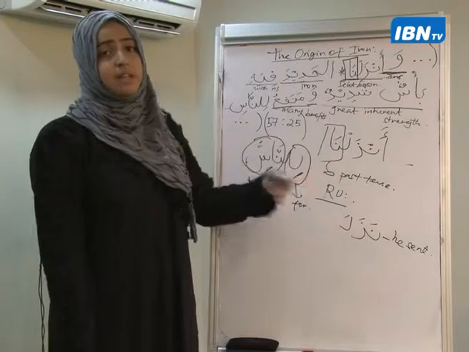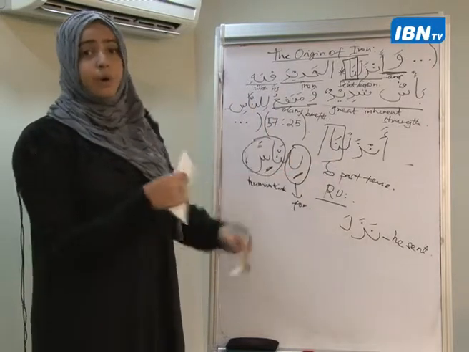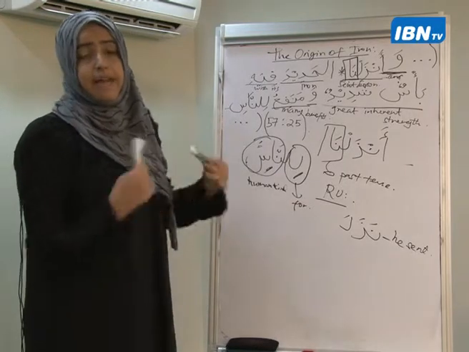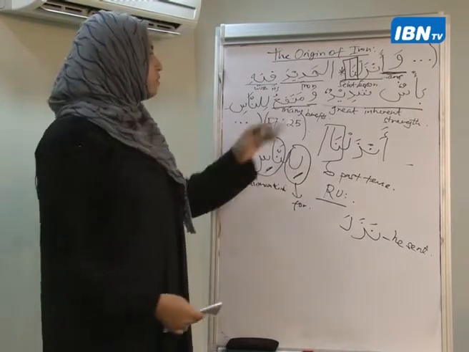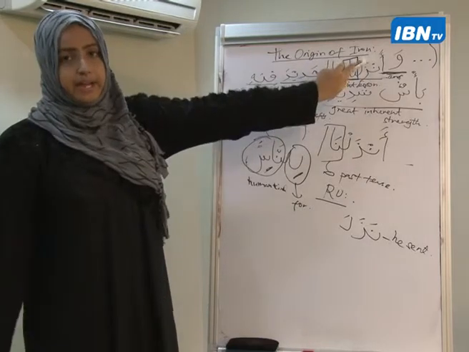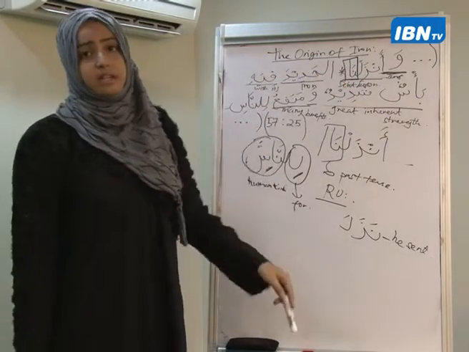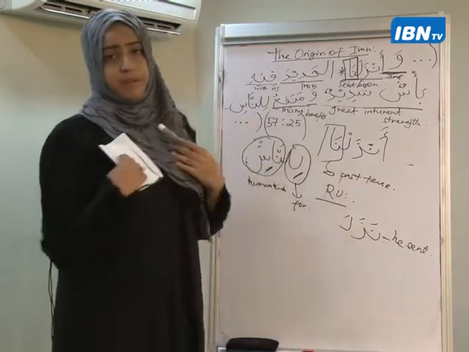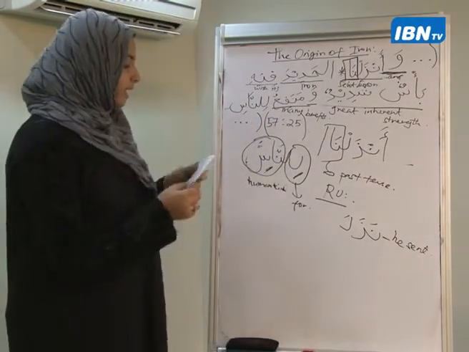This Quran was revealed thousands of years ago, but most of the scientific facts that are derived from the Quran recently have been discovered. So this was the origin of iron. So now you know iron is not an earthly material. It was actually sent down from outer space for the benefits of mankind, right?